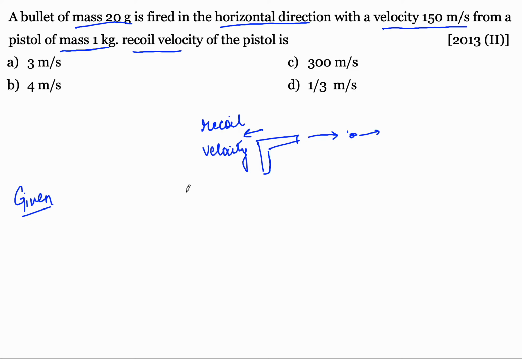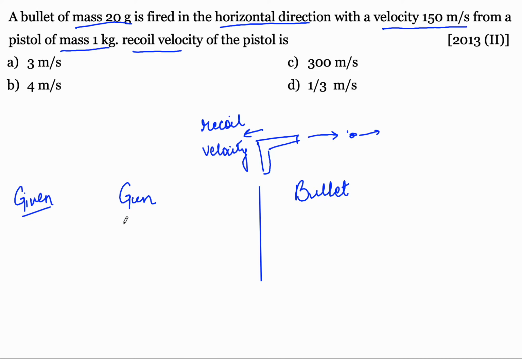I'm going to draw two columns over here, and in one column I'm going to write the mass and velocity of the pistol, and in the second column the mass as well as the velocity of the bullet. So this will be for gun and this will be for bullet. It will be easier for you to differentiate when you will be using the momentum formula.